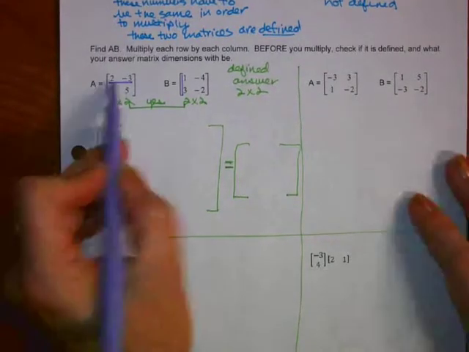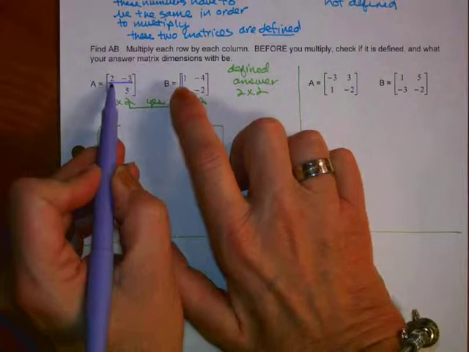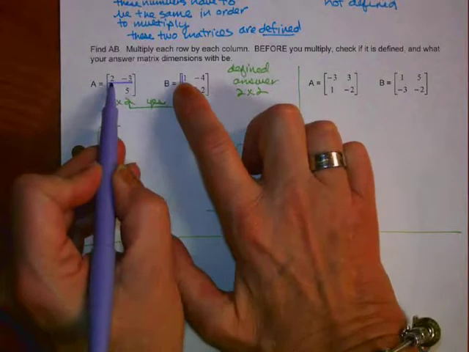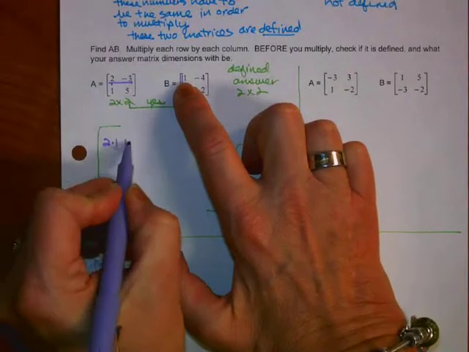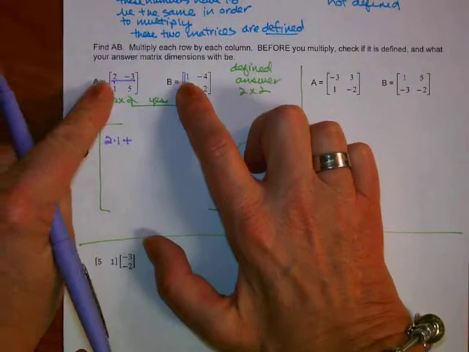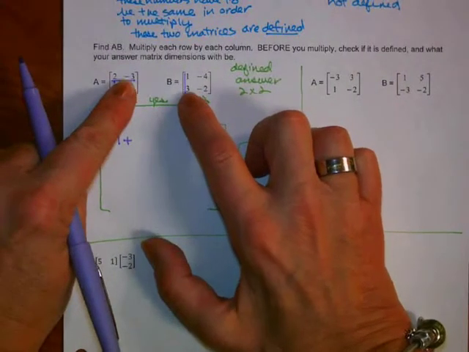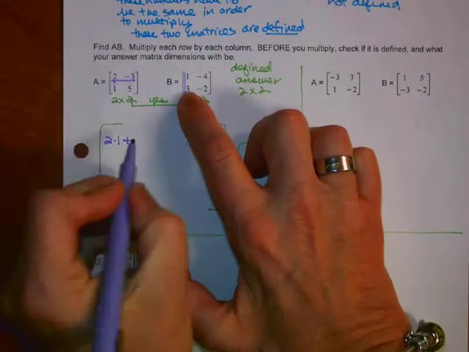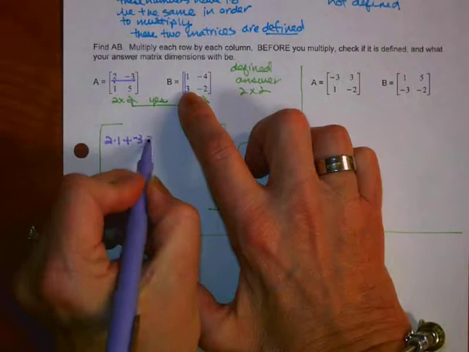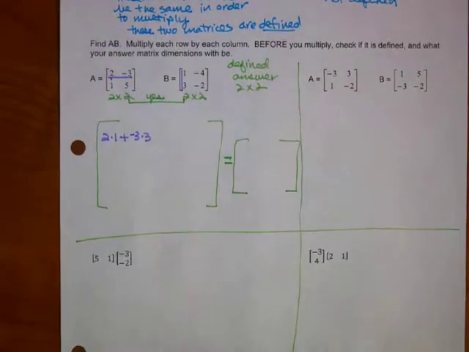If I multiply this row by this column, I'm going to multiply this element by this element. So I have 2 times 1, and I'm going to add to it -3 times 3. I want you to write that out. That's going to be the top left spot of my new matrix. Do you all see what I did there? Okay.